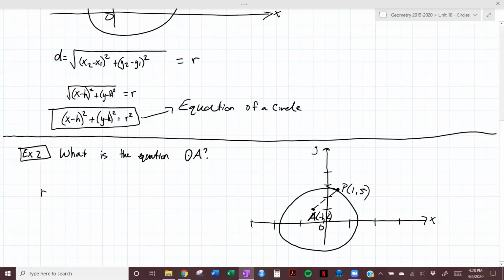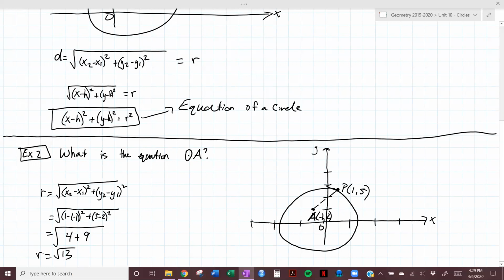So we have the square root of x2 minus x1 quantity squared plus y2 minus y1 quantity squared. This becomes the square root of 1 minus -1 quantity squared plus 5 minus 2 quantity squared. This is 4 plus 9. So r equals the square root of 13.